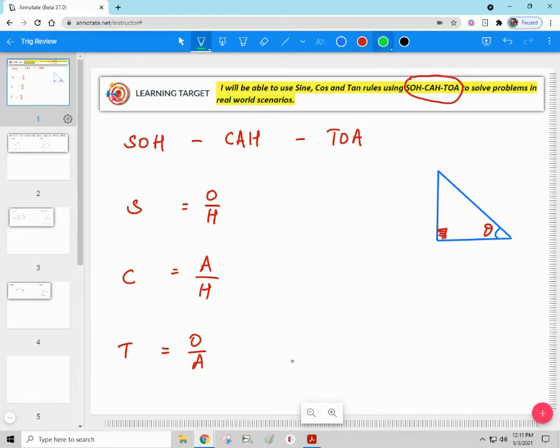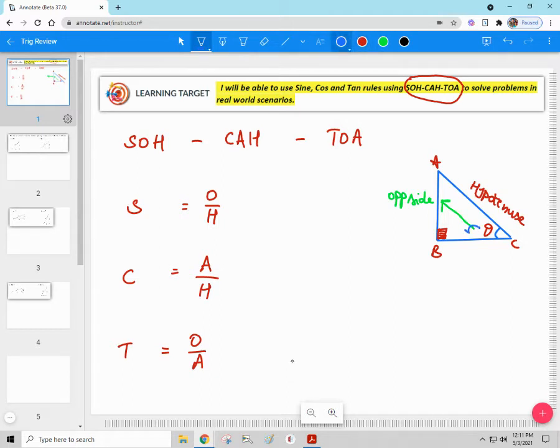The side opposite, this is called the opposite side. So opposite side to angle theta, and the side opposite to 90 degrees, I hope you remember that this is called the hypotenuse.